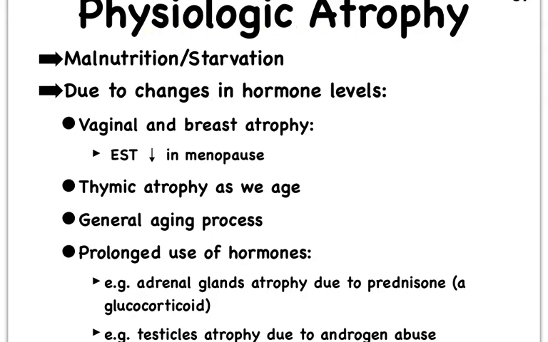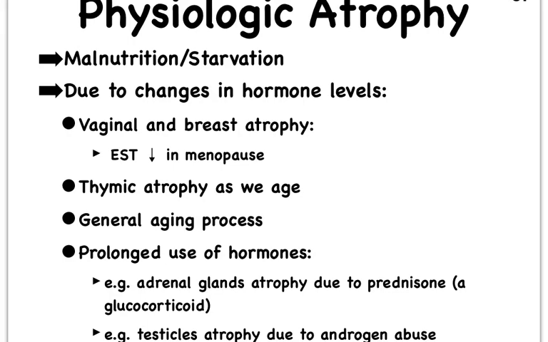But physiological atrophy is also very often due to changes in hormone levels. And I think the best thing that many of us can relate to is when women go through menopause. When they go through menopause, their estrogen levels drop significantly. I mean, estrogen levels drop in men as well, but they really drop significantly in females.